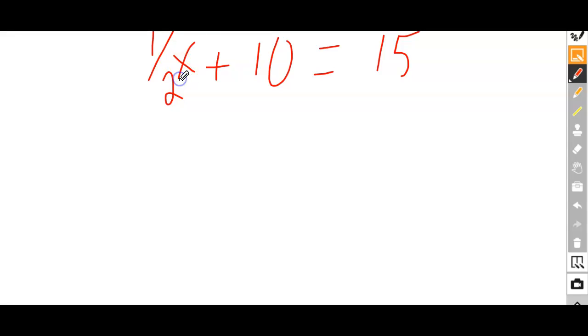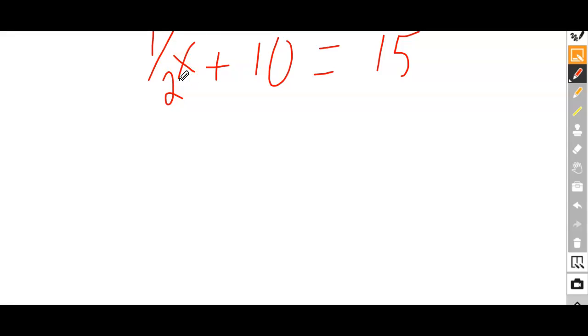All right. Then the other type of question that's given us difficulties would be 1/2 x plus 10 equals 15. Sorry, there's supposed to be a variable in there somewhere.